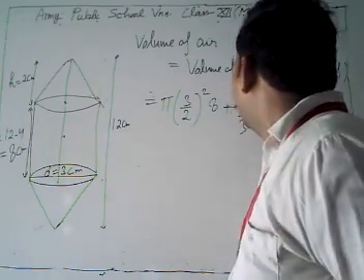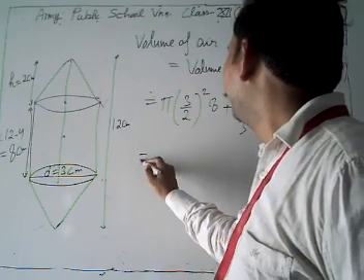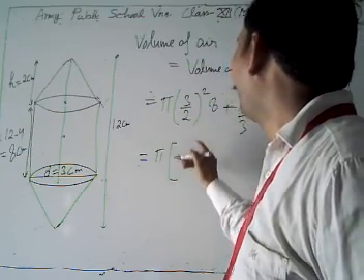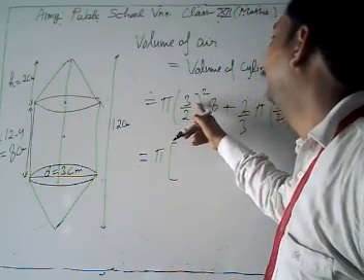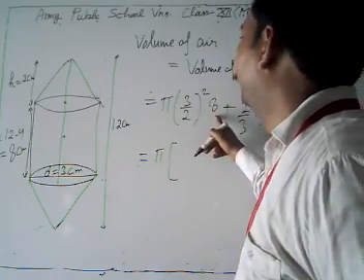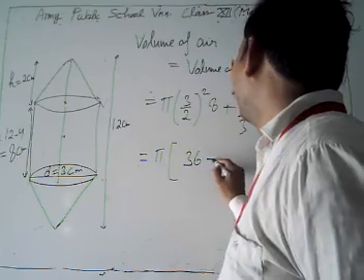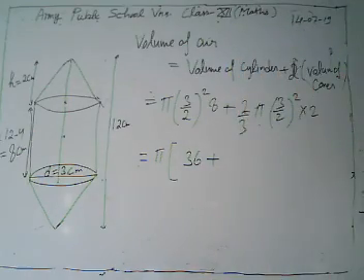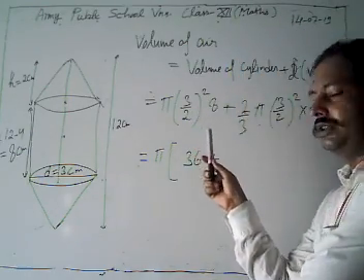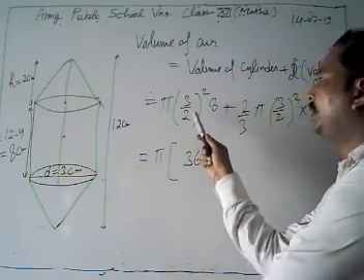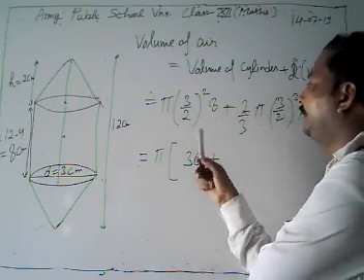Now look, we can take pi common there. Then we have 3 square, 9, and then cancel this 8, 2 4s are 8. We are taking the square of this 3 by 2, 3 square is 9, 2 square is 4, 4 2s are 8.